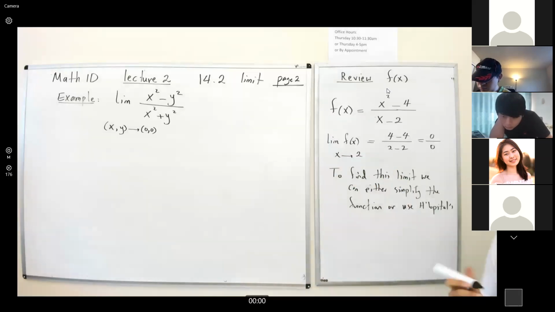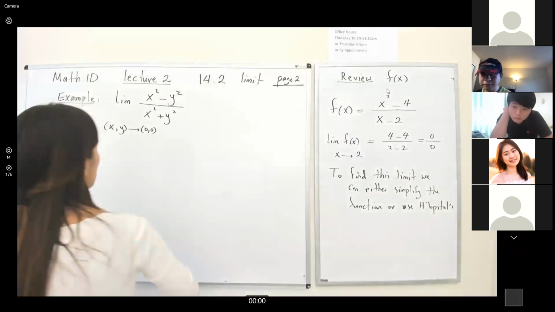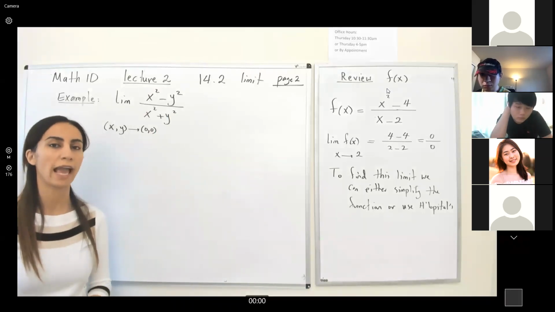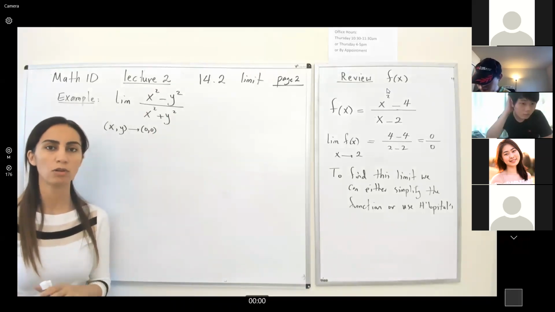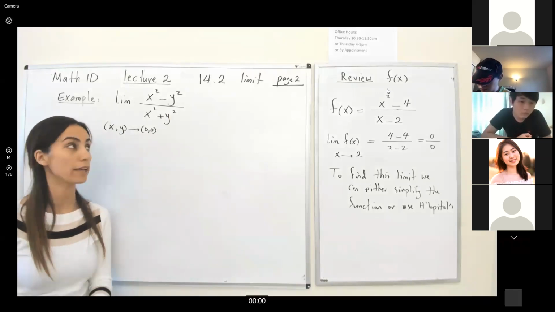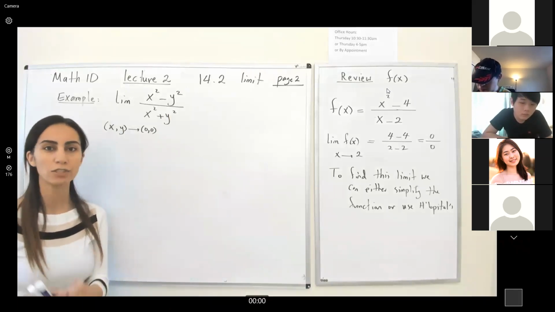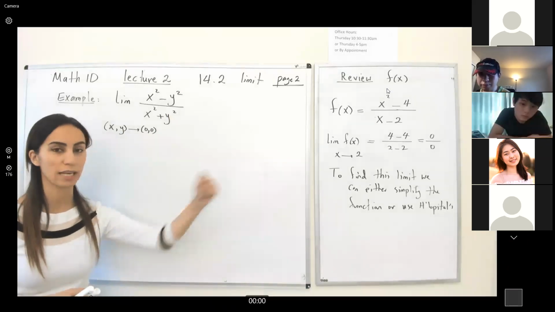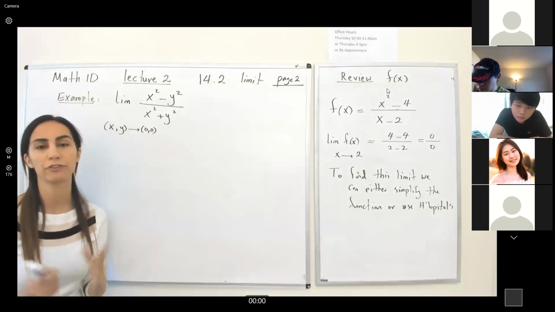But how about this function? Here you have two variables, x and y. So your goal is to try to get rid of one of these variables, so eventually you can apply that rule if that's possible.